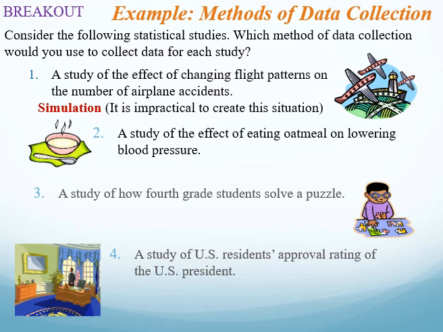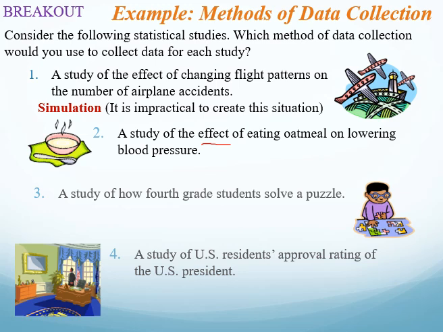Number two, a study of the effect of eating oatmeal on lowering blood pressure. One of the key words that tells you what's going on here is the effect of eating. Remember that cause and effect is only shown through an experiment. So we would give some people oatmeal to eat in the morning, and other people would not get oatmeal.